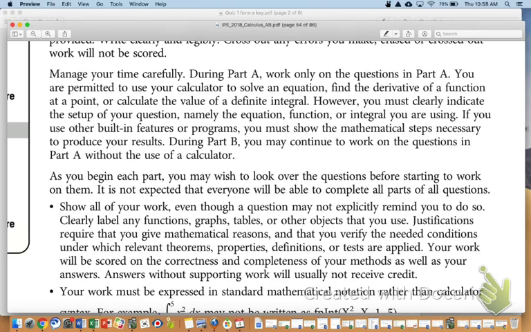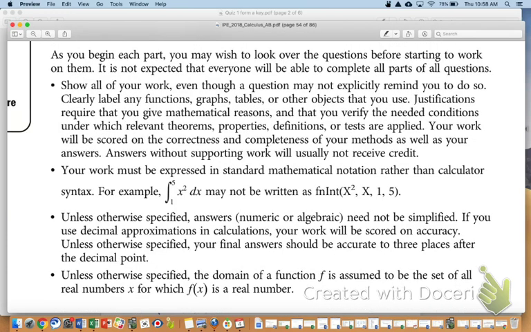The part that I'm looking at is right here. The first bullet point says, show all your work, even though a question may not explicitly remind you to do so. So that's kind of getting at what you're talking about there, Nick. Clearly label any functions, graphs, tables, or other objects that you use. So don't have any floating expressions or unlabeled graphs, that kind of thing.